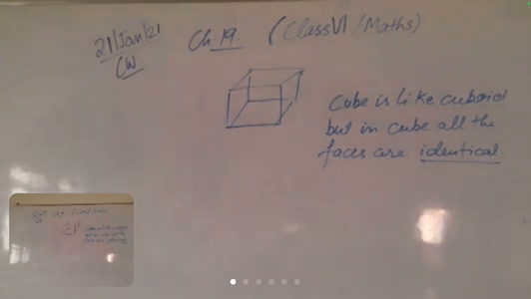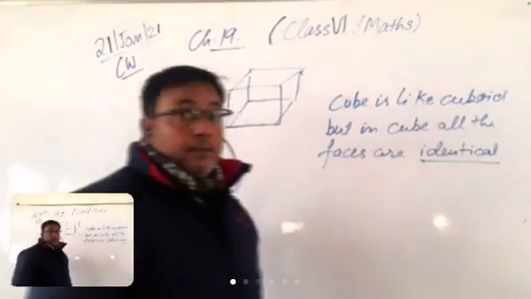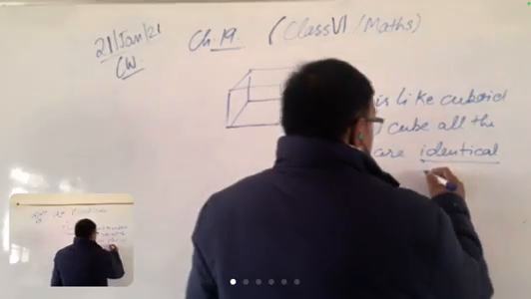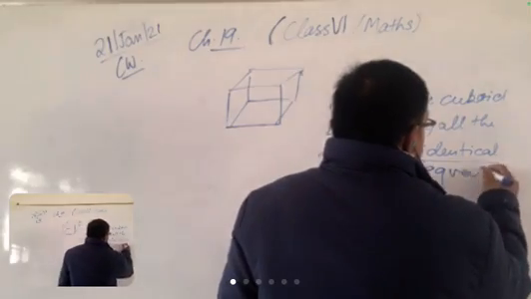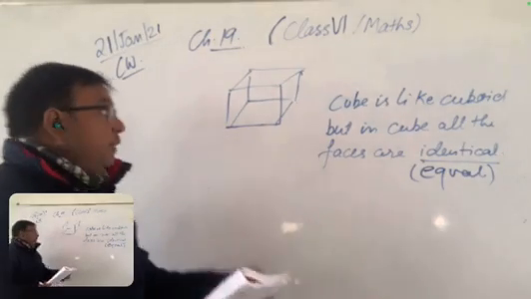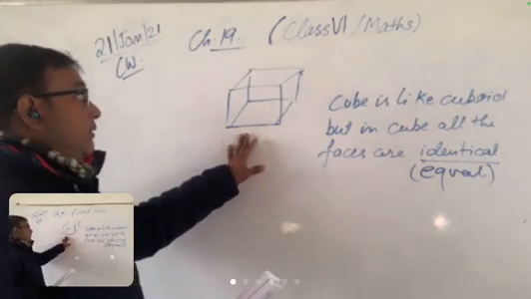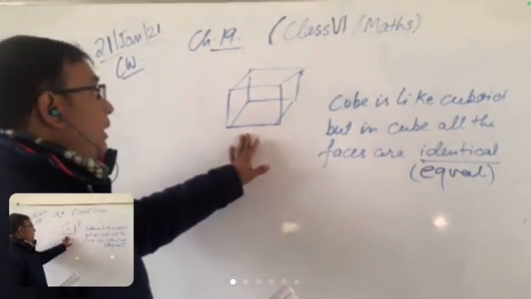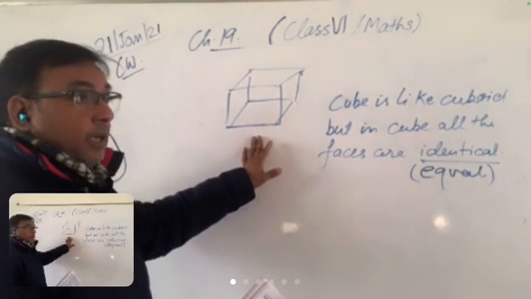Now, Chirag, tell me what is the meaning of identical? What do you understand by this identical? Chirag? Equal. Very good. So we know that there are six faces. How many faces?